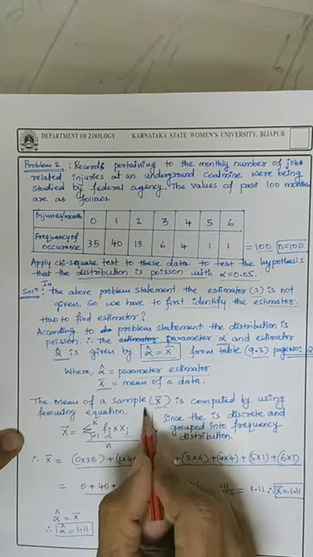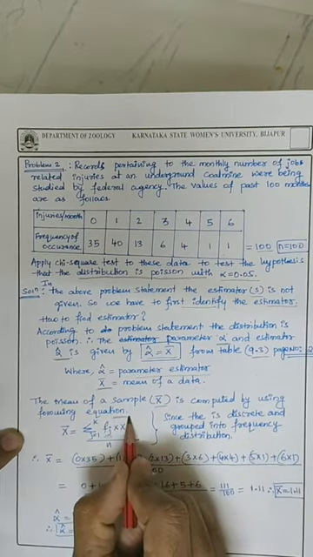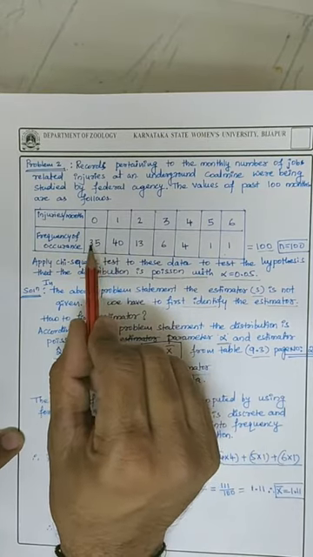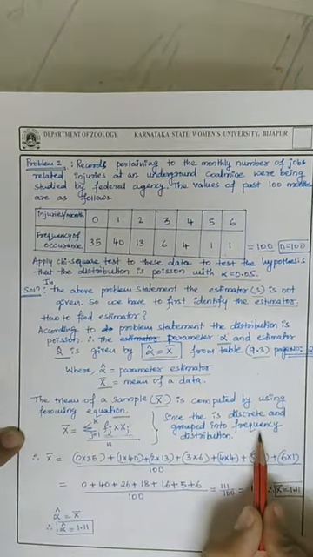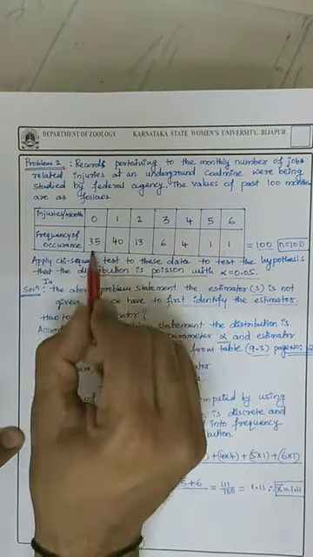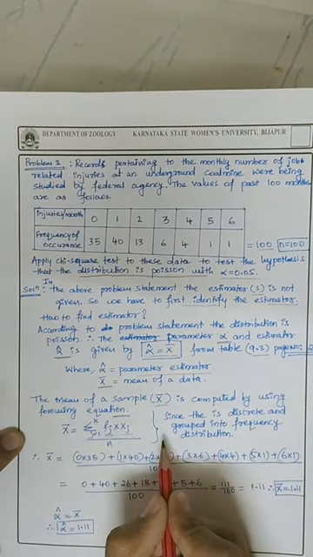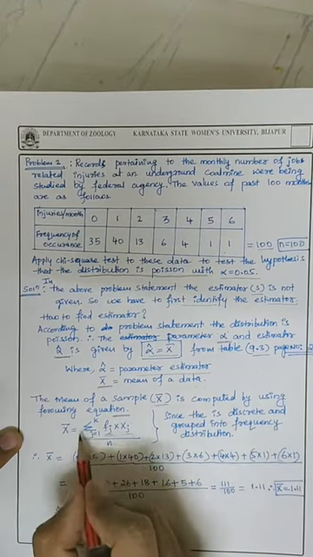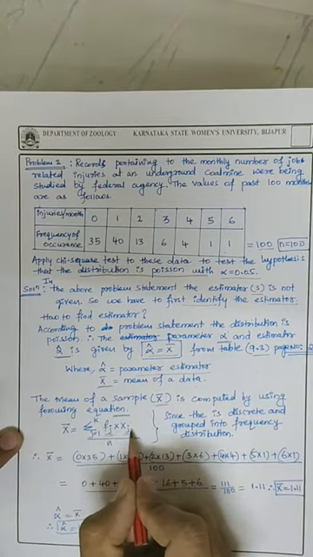The mean of a sample is computed by the following equation, because the data is grouped in the form of frequency. The formula for finding the mean of grouped frequency data is x bar equal to summation j equal to 1 to k of fj into xj.